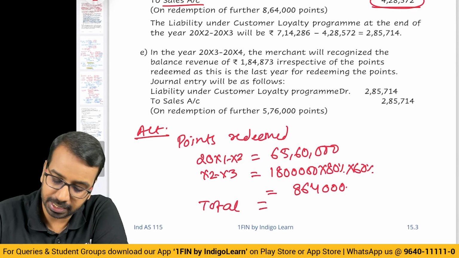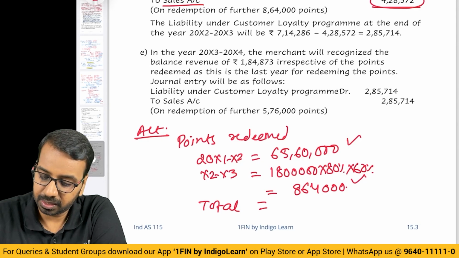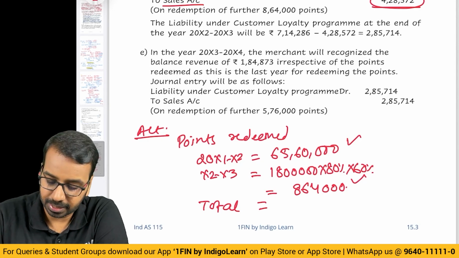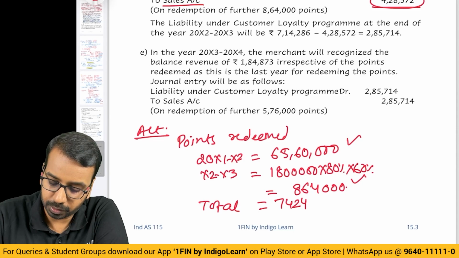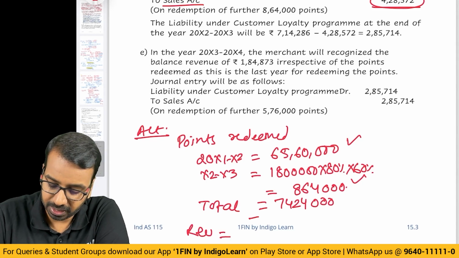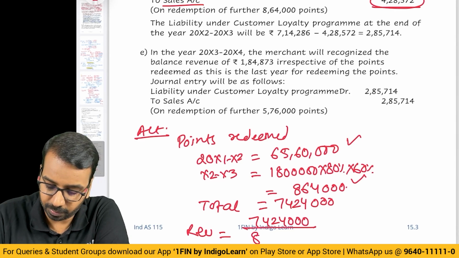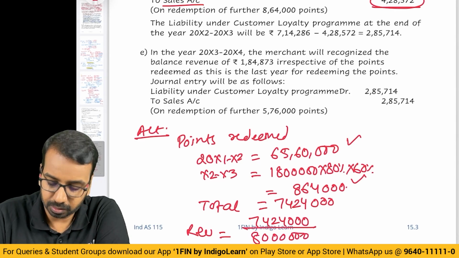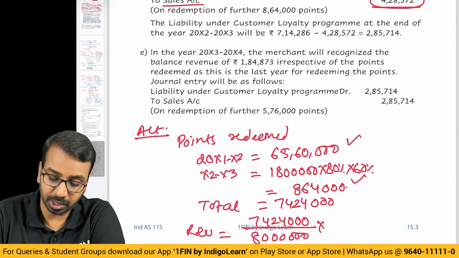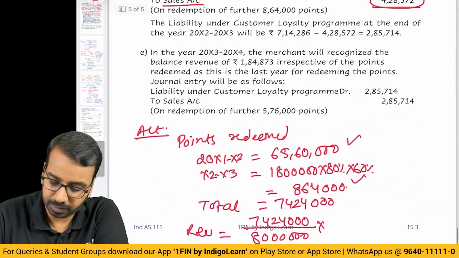So what is the total? Total redemption is 6560 plus 864, it is 7424000. So revenue is equal to 7424000 total redemption divided by 80 lakhs, the total expected redemption, multiplied by 3968254.